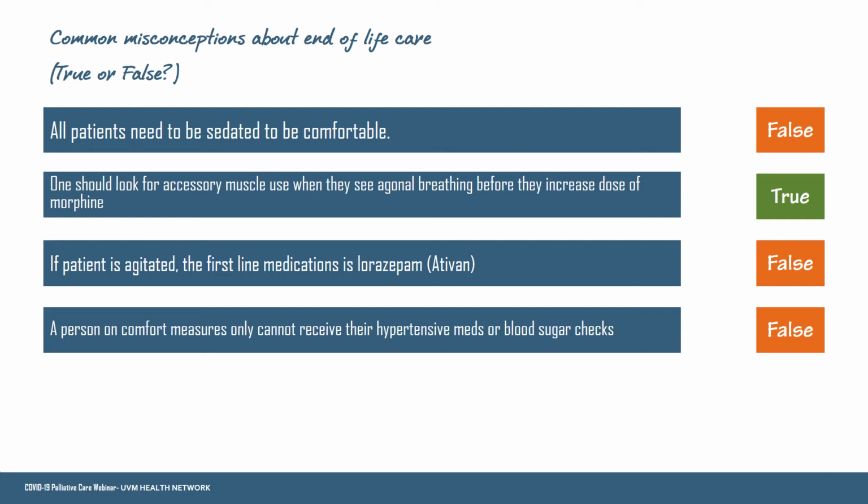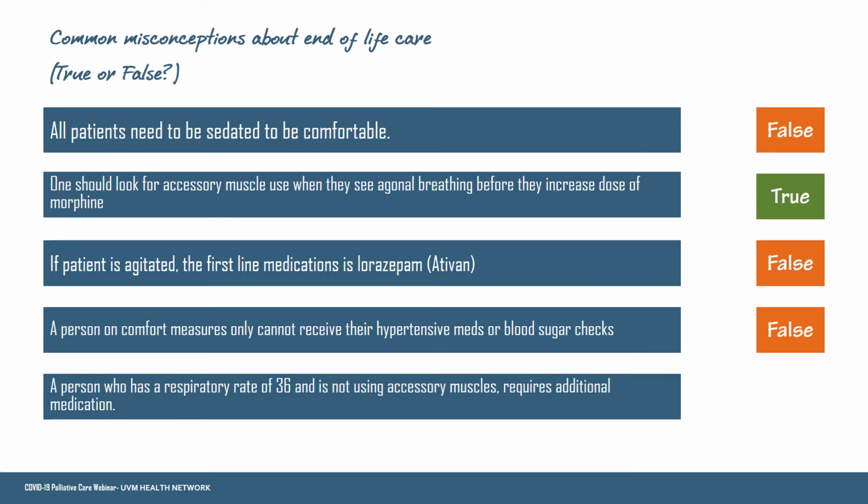For example, high blood pressure or high sugars can be bothersome to some patients. Note, we no longer use the term comfort measures only, or CMO, because it does not recognize each individual's trajectory and values. Comfort-directed or focused care is the term that can encompass the gray areas of end of life.